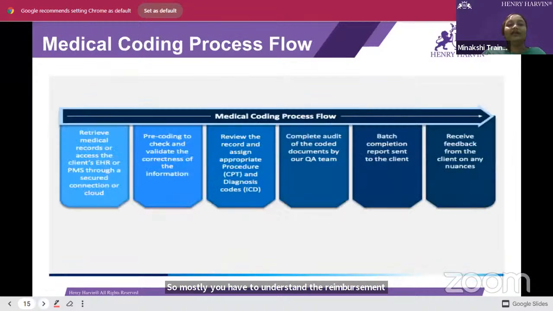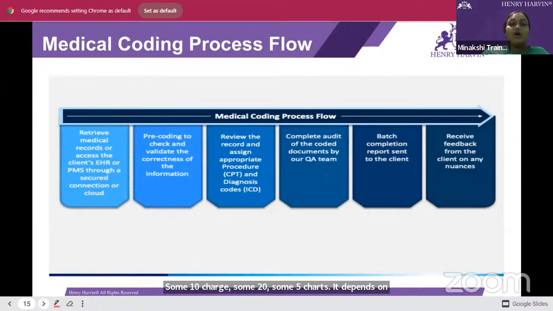Next, the medical coding process flow. Process flow in the sense of how you will be working as a coder. As a coder, per day, you will be given some charts, some 10 charts, some 20 charts, some 5 charts. It depends on the length of the chart.